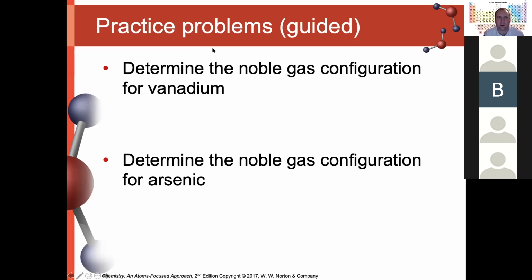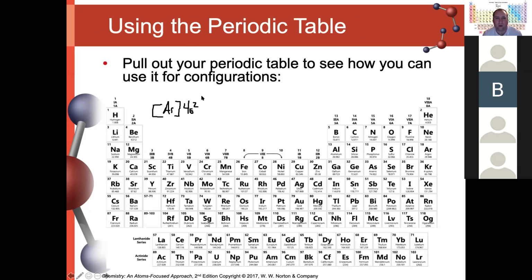And so my noble gas configuration starts with argon in brackets. And then if I go from there, it would be 4s2 and 3d1, 2, 3, 3d3.